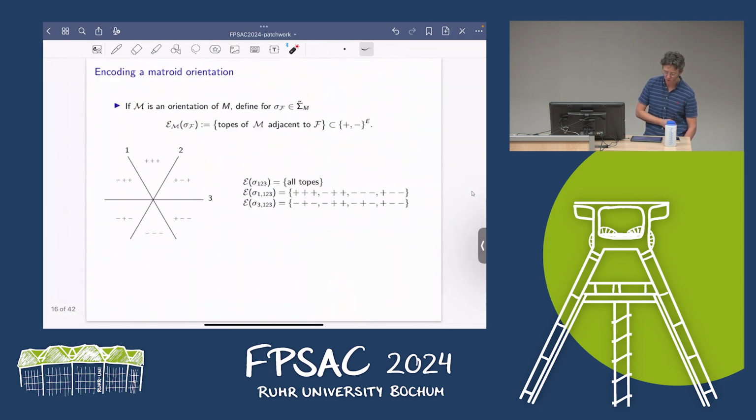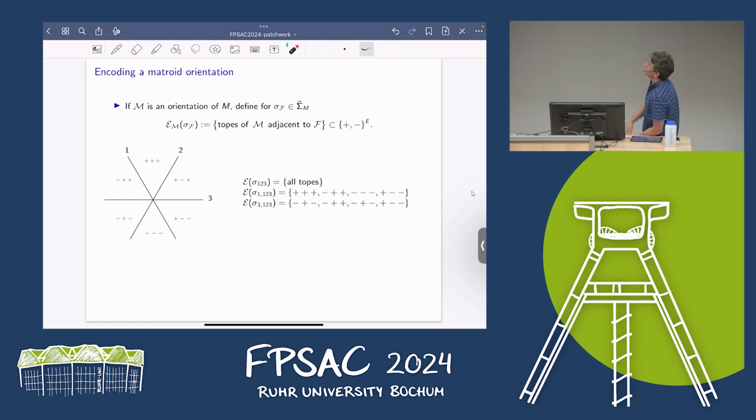All right, so here's how we're going to encode a matroid orientation on this fan. We have some mathcal M, which is an orientation of M, meaning the underlying matroid is M. And we define for every cone in this fan, the Ardila-Klivans fan, the following set.